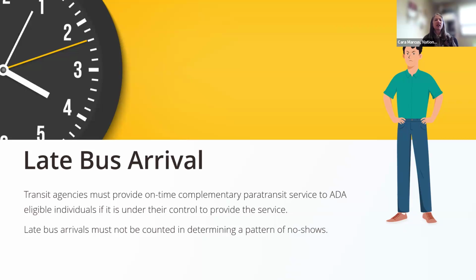And the late bus arrivals cannot be counted in determining a pattern of no-shows. So, a lot of times it is outside of the driver's control. If there's an accident and they're stuck in traffic, or many other reasons, it is not really the passenger's fault ever when the bus is late.